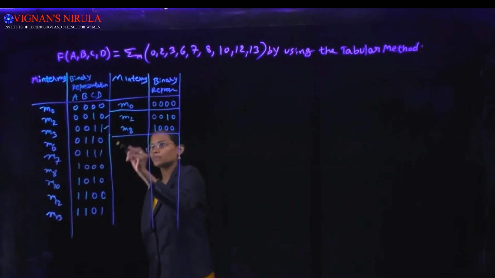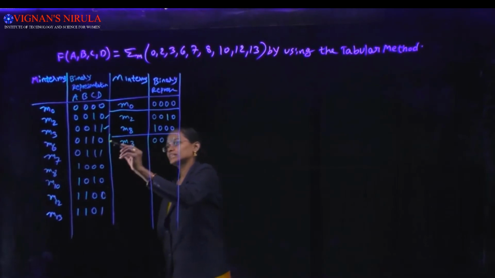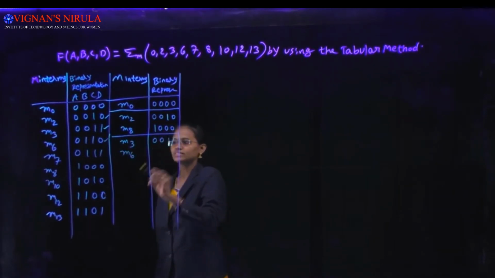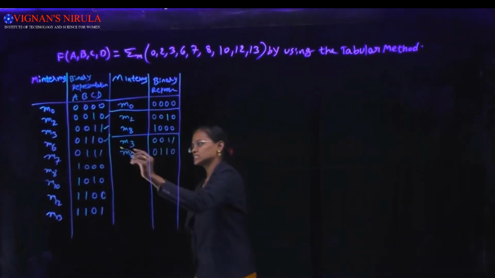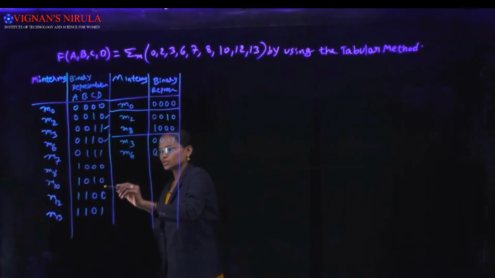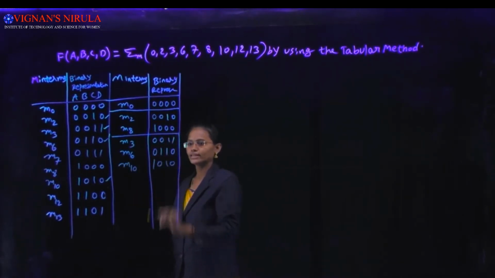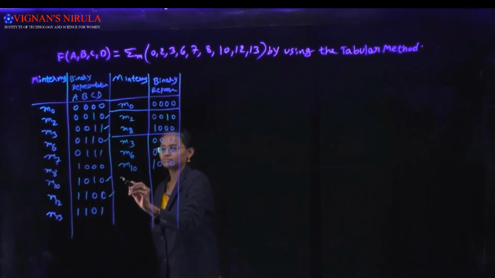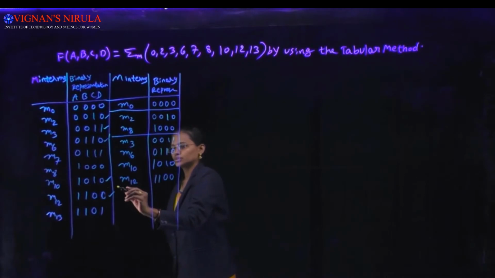M3, number of ones is 3, so write down that min term M3, the binary bits are 0, 0, 1, 1, and next M6 binary number is 0, 1, 1, 0, and next number of ones are 2, that is M10, binary representation is 1, 0, 1, 0, and next M12 binary bits are 1, 1, 0, 0, here number of ones is 2.